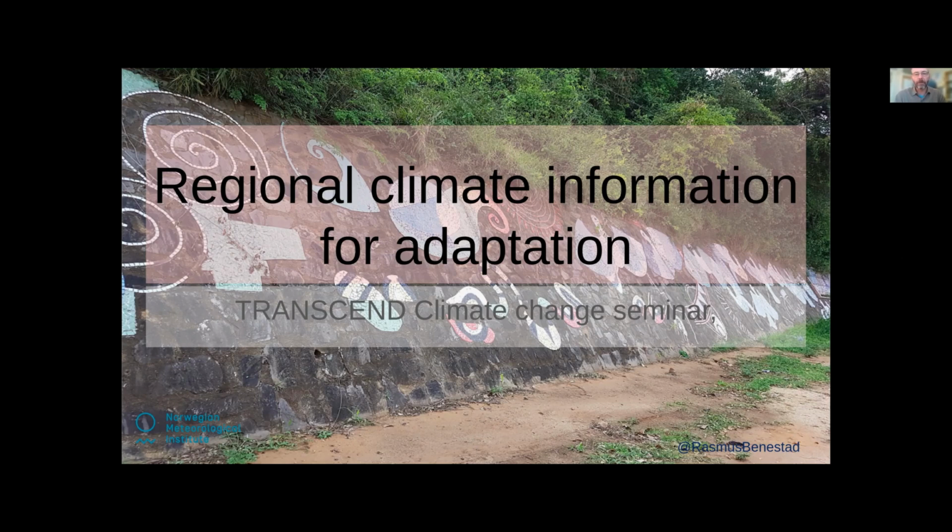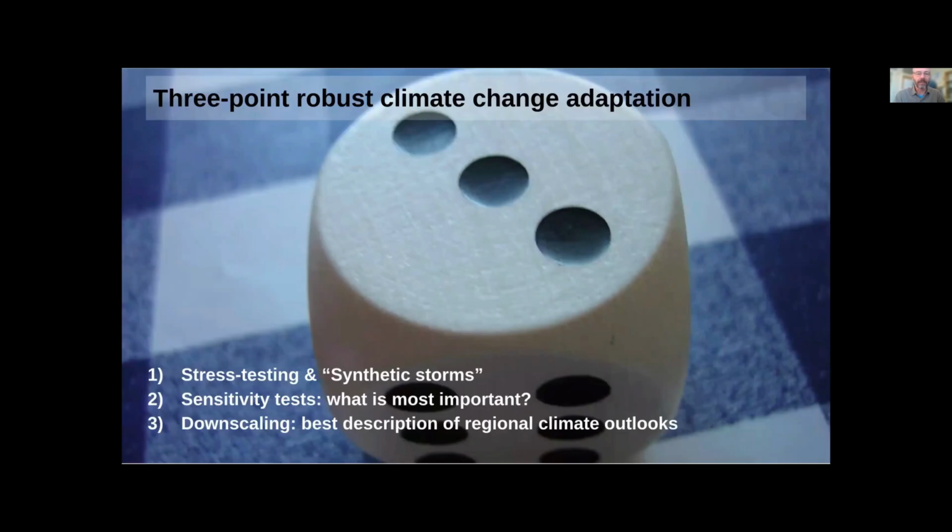study? So it turns out there are three different approaches that we can derive information on regional climates and resilience. And these are shown here. So the first one that we chose was stress testing and synthetic storms, which I will explain a little bit later, that we actually adopted for this study.